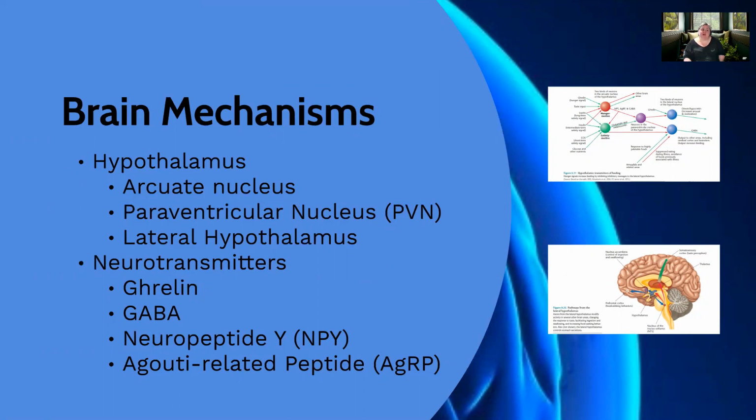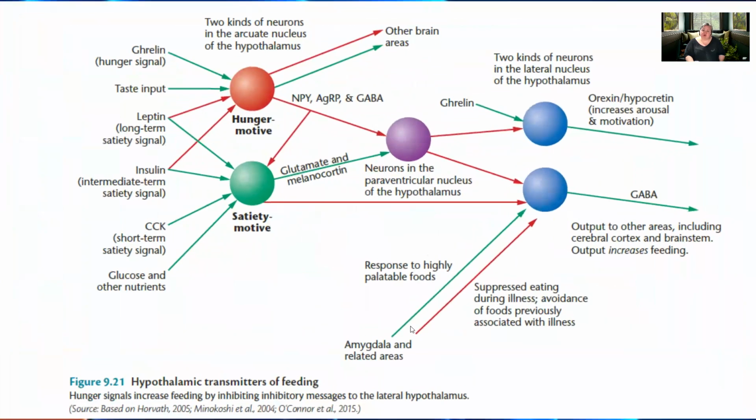And part of the input to the hunger sensitive cells comes from axons releasing the neurotransmitter ghrelin. All of these different neurotransmitters and pieces of the hypothalamus can best be captured in this figure here. And as you can see, there's a lot going on here. We've got these different neurotransmitters, and then as we talked about earlier, we've got other things involved: insulin, glucose, CCK.